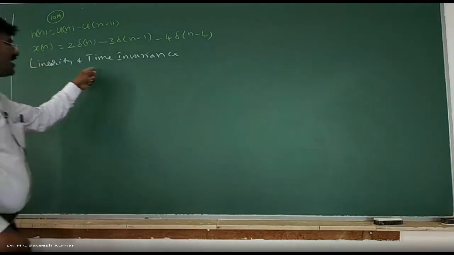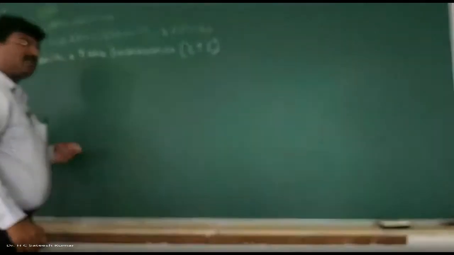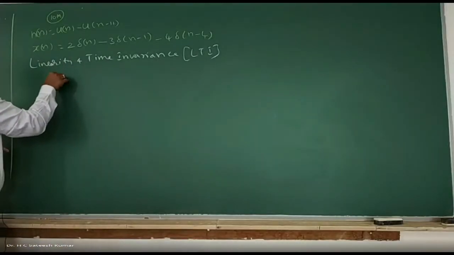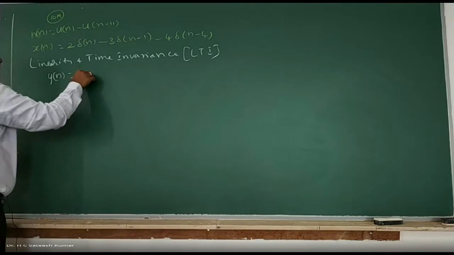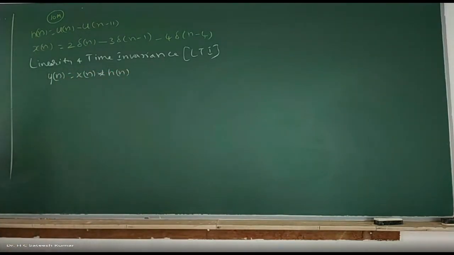So what is this linearity and time invariance? This is an LTI system, so LTI is nothing but the output y of n is equal to x of n convolution with h of n. Directly we can get the answer.